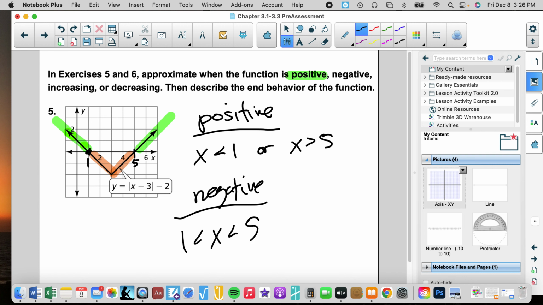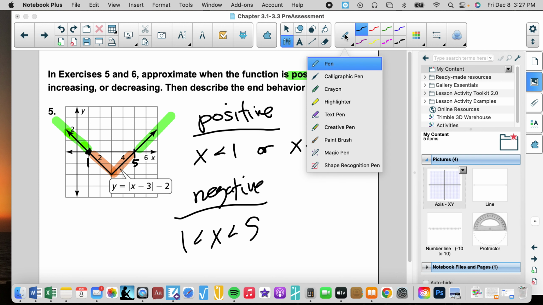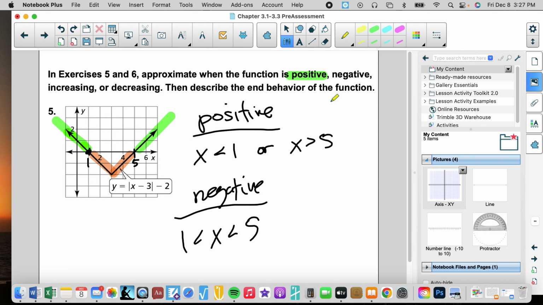Notice I didn't use y, because they want to know what inputs will produce negative outputs. When x is greater than 1 and less than 5, those will produce negative outputs. That gives me the negative part of the function.